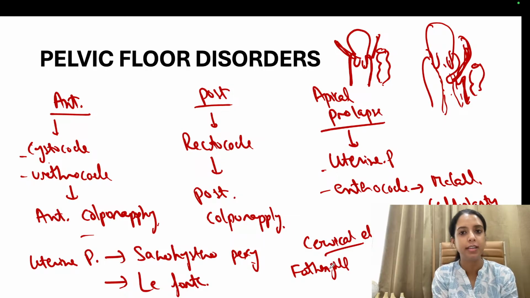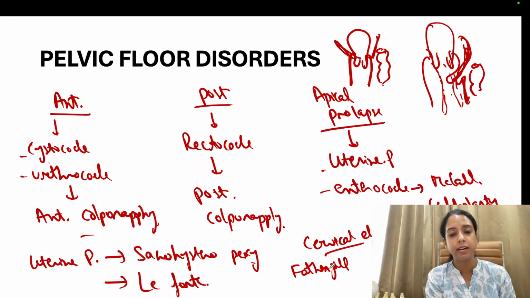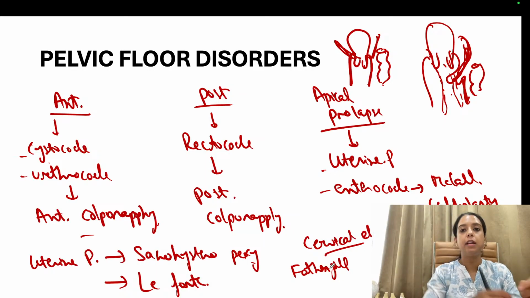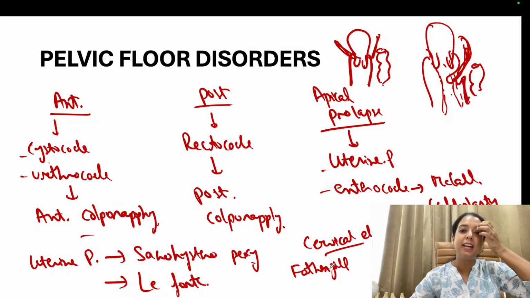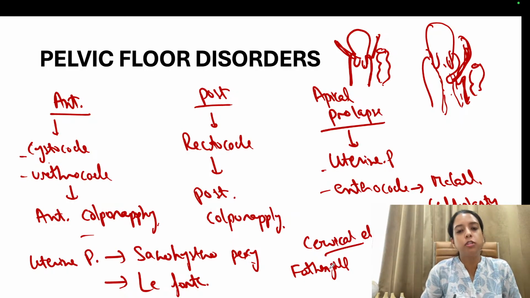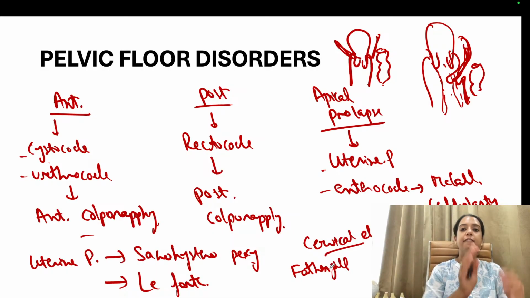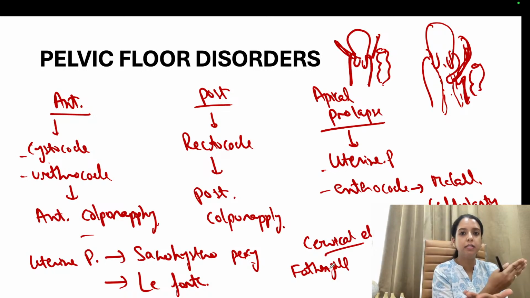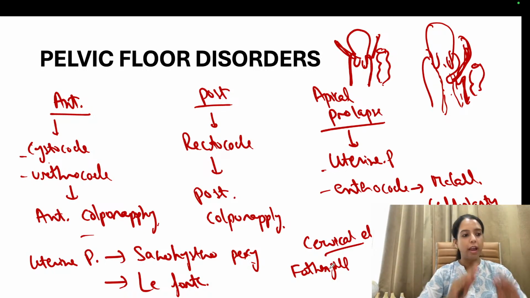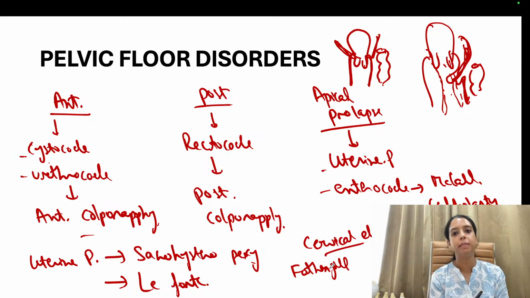See, sling procedures have been invented in India, the Virchow and Das procedures. In a sling, you tie the uterus to the rectus abdominis and many other places, but they are not very famous. Sling procedures can also be done, but the treatment of choice is sacrohysteropexy. In a very old patient, you do LeFort. In cervical elongation, you do Fothergill, where you cut the cervix and tie it. So everything has a different reason. Don't put everything into one basket.